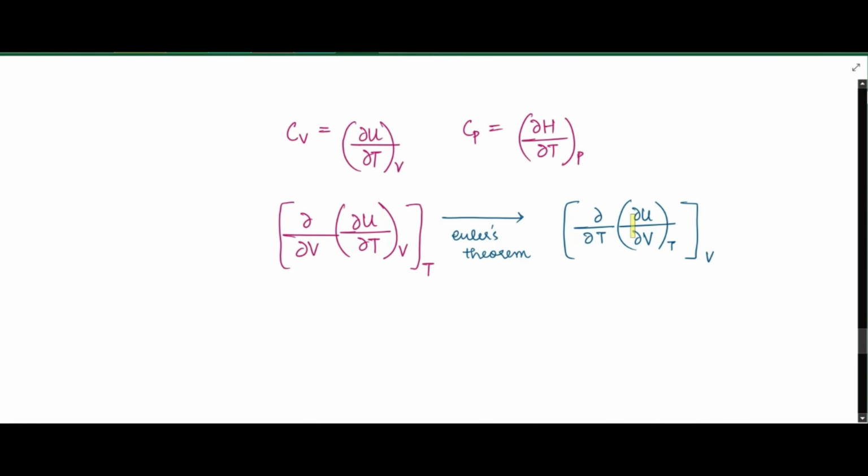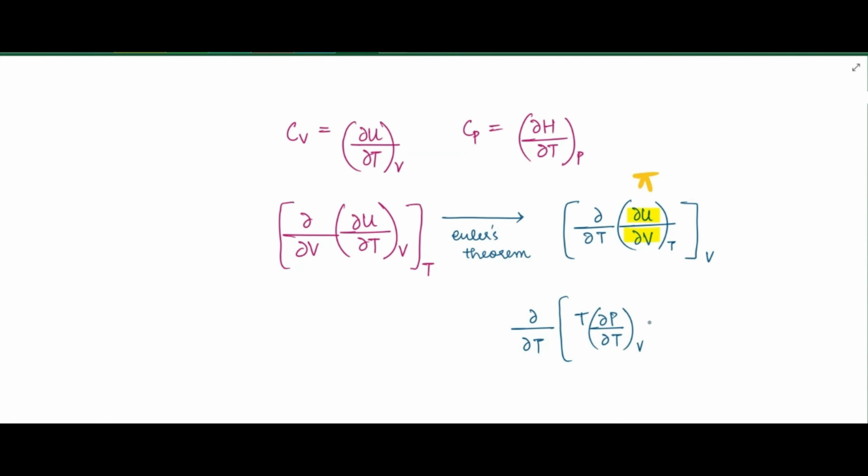This is the internal pressure. What are we going to do here? We are going to substitute it. That is dou by dou T of internal pressure, which means T dou P by dou T at constant volume minus P. Correct?